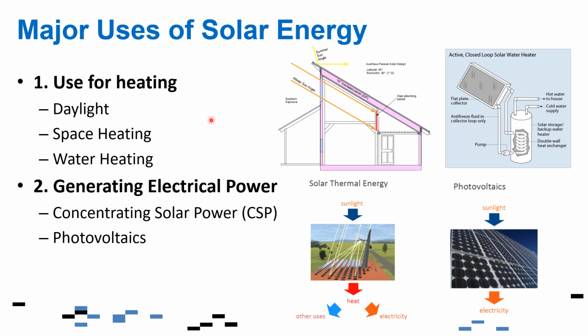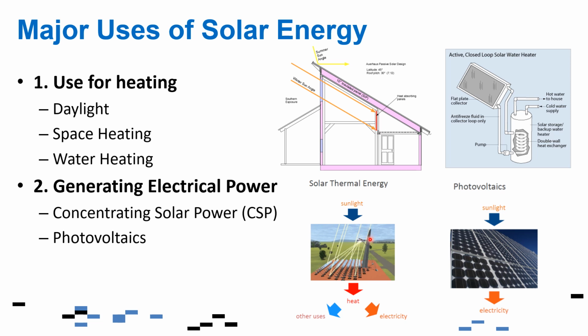The other main use of solar energy is for the generation of electricity or electrical power. This is done by means of solar PV, the photovoltaics, which is very popular these days, and also by the use of what we call concentrating solar power, or CSP. Concentrating solar power uses the heat of the sun by concentrating the light towards a specific area of a tower, so that all the light going towards that area heats up a liquid or fluid.